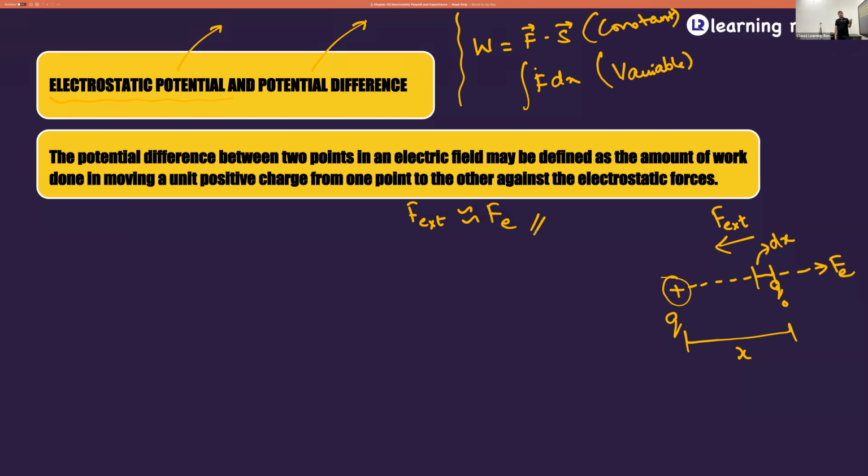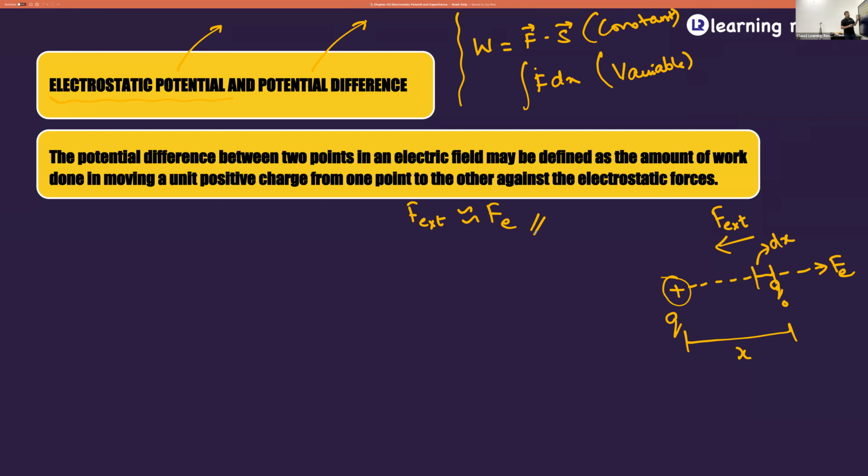Meaning, mathematically, we take both the numbers to be the same. Logically, somebody is pushing in this direction and you need to move the object in the leftward direction. So which force should be more? The external force should be more. But when you do a comparative study, the external force is only slightly greater than the electrostatic force, so the two can be approximated.